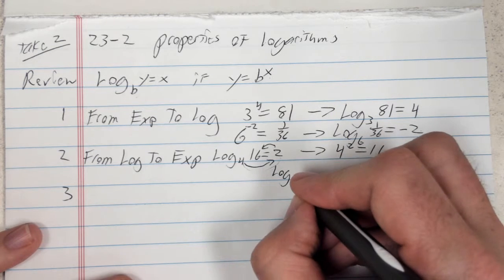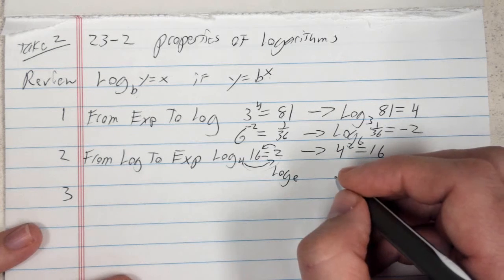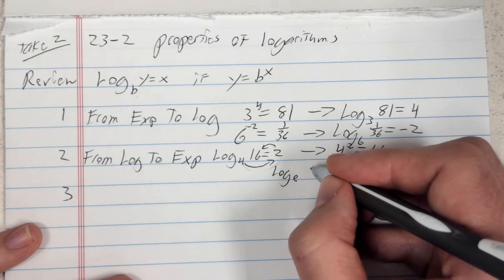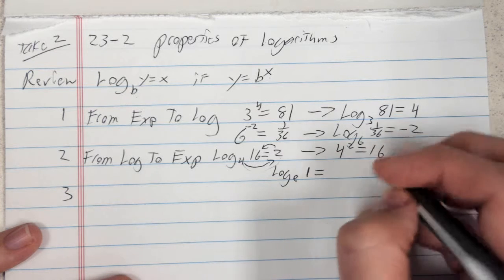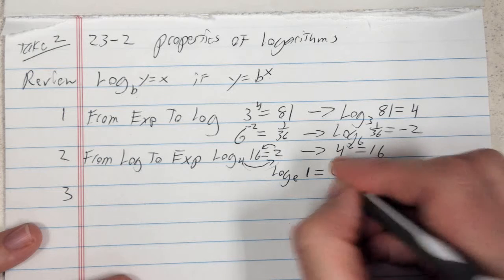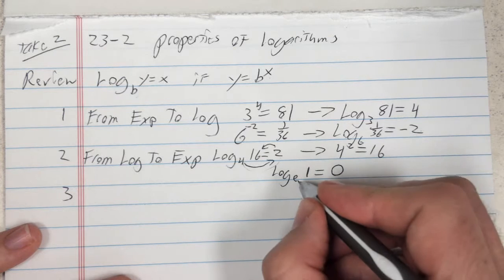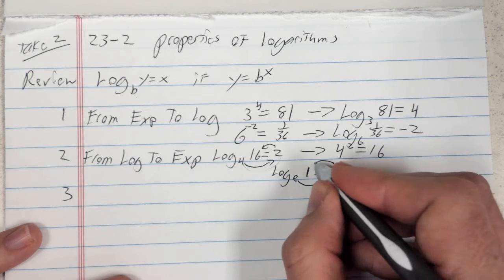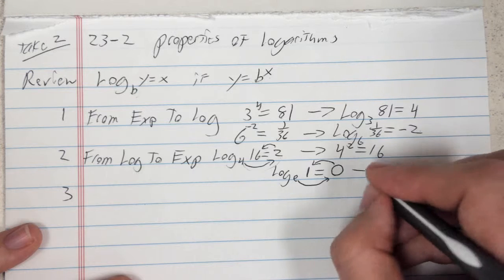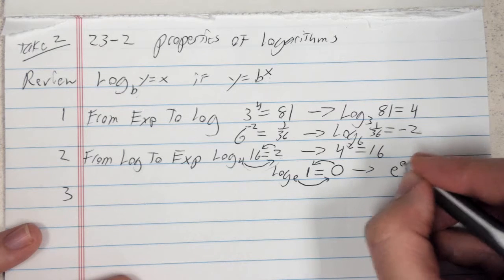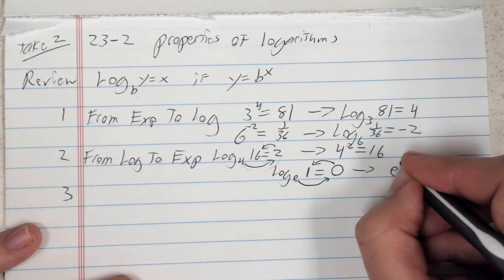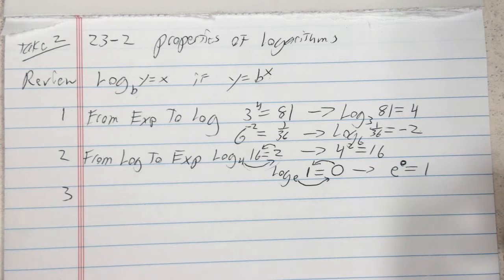All right, let's do log base e of 1 is equal to 0. So e to the power of 0 is equal to 1.